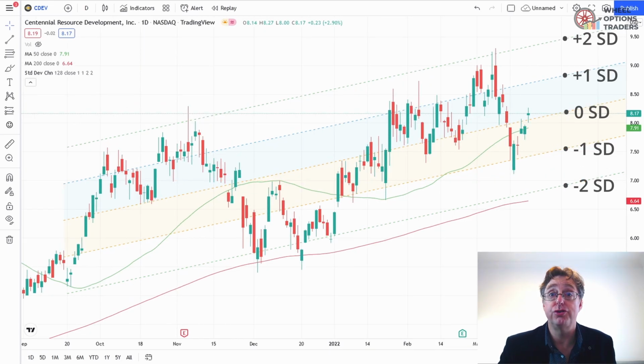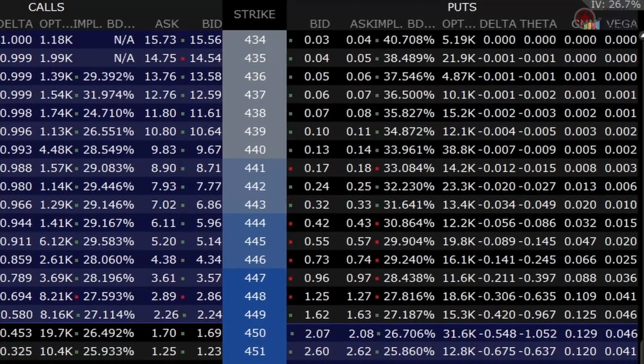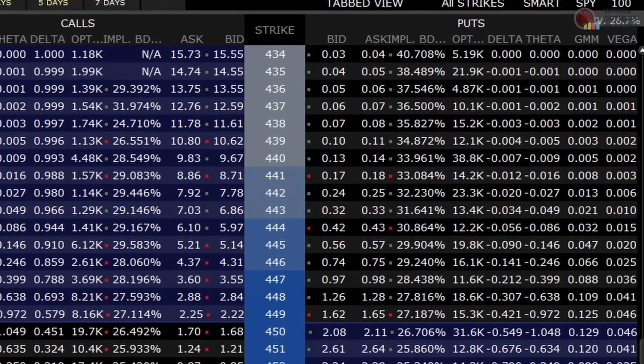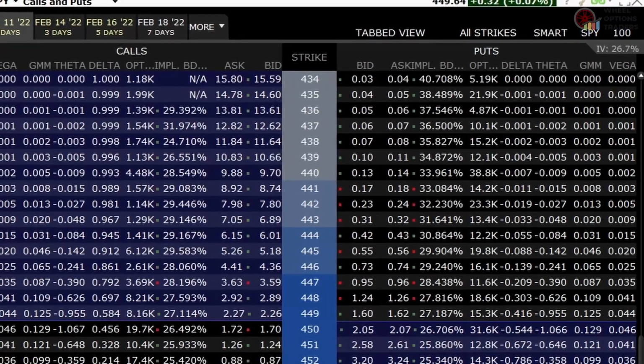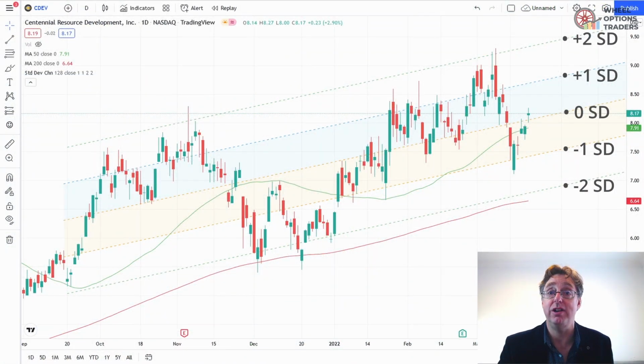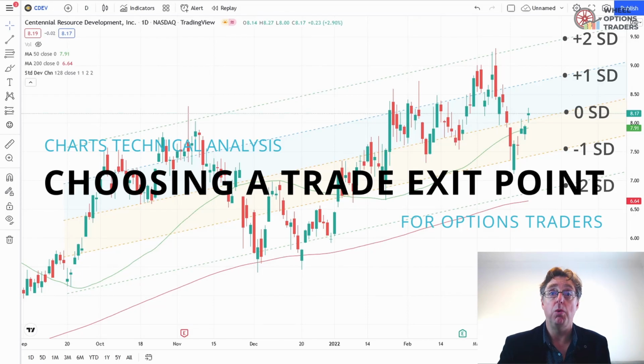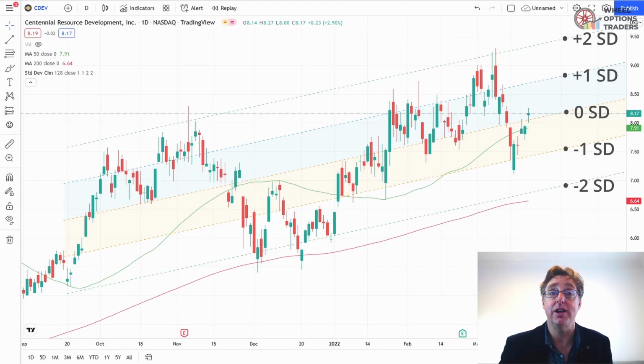Now, for the actual strike price we select, we also need to look at the options chain in our broker's trading portal. But for now, you can see how to select a potential stock based on its price relative to standard deviation. We can also use the standard deviation indicator to give us some help when exiting a trade. One reason to end the trade early is if we see that the trade is going against us.